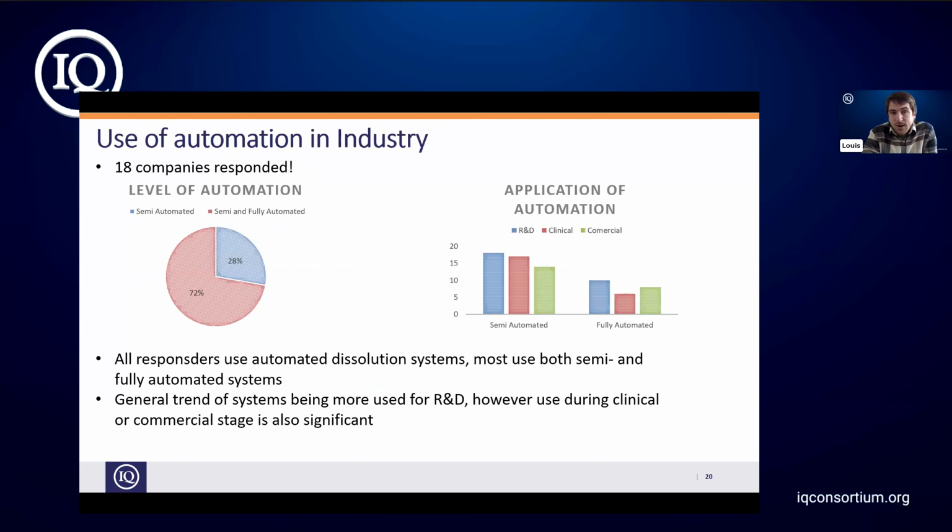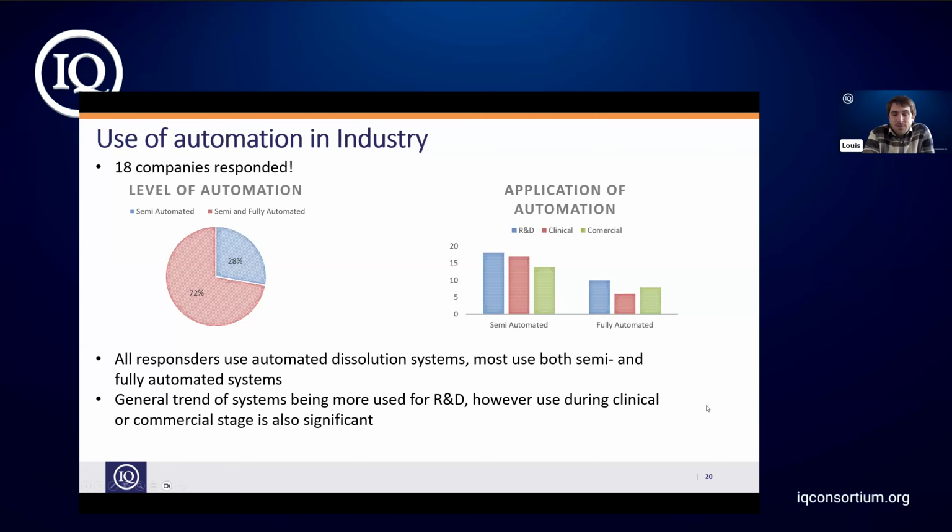We did also ask people not using automated dissolution testing to answer the survey. They could then obviously only answer the first question, meaning, no, we don't use automated dissolution testing. We didn't get anyone responding that, so we're not sure whether people who didn't use automated dissolution testing did not respond, or whether just everyone who saw the survey and participated is using automation in dissolution.